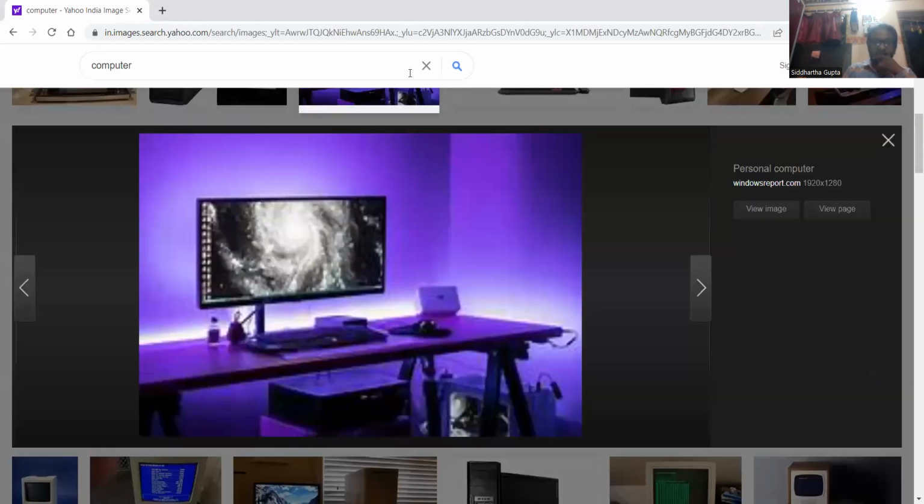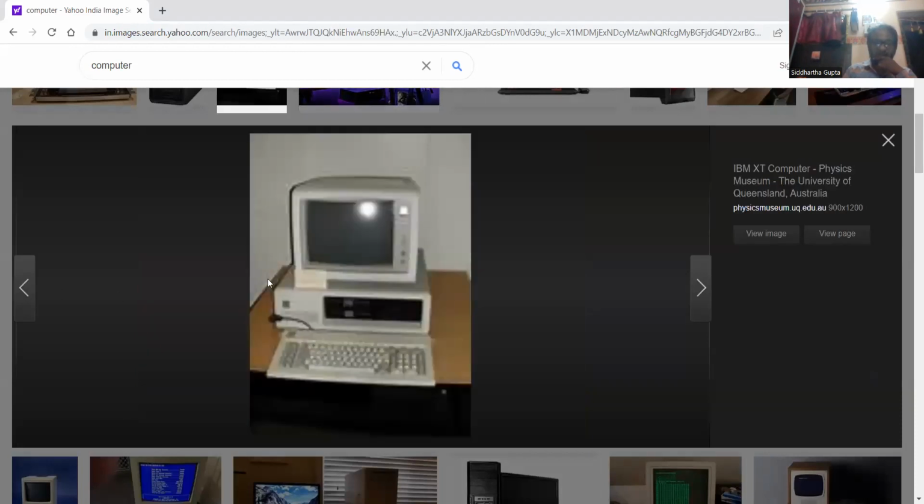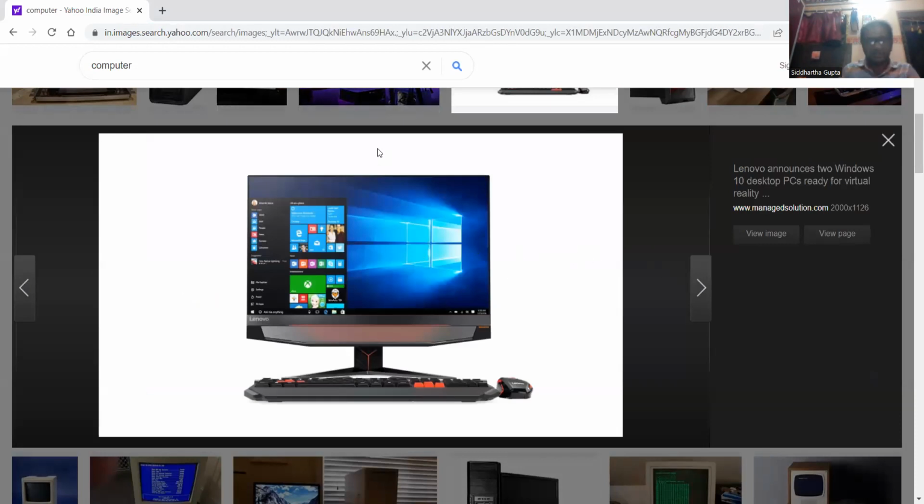There are earlier computers. Yes, you can see that there is one display screen, which you can call a monitor, or right now we can call it LCD, LED, whatever you like. But in general terms, we will call this screen a monitor.